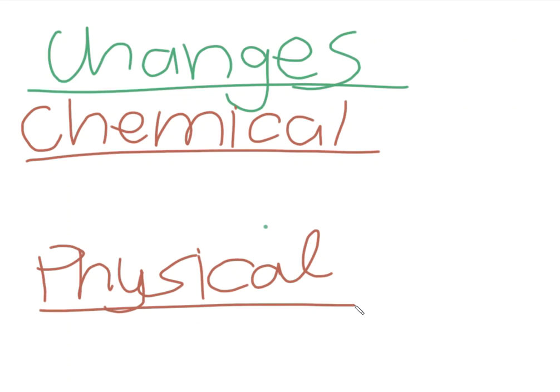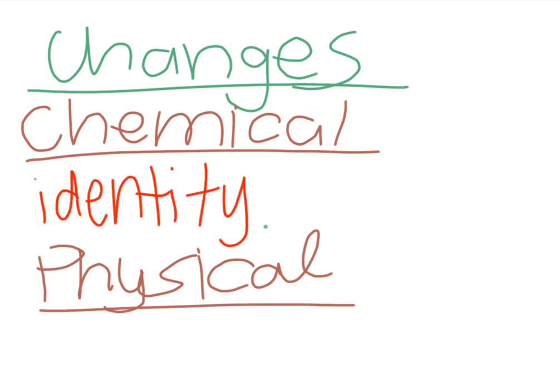So chemical changes are basically a substance's ability to undergo an identity change. So what it is, it's just identity change.